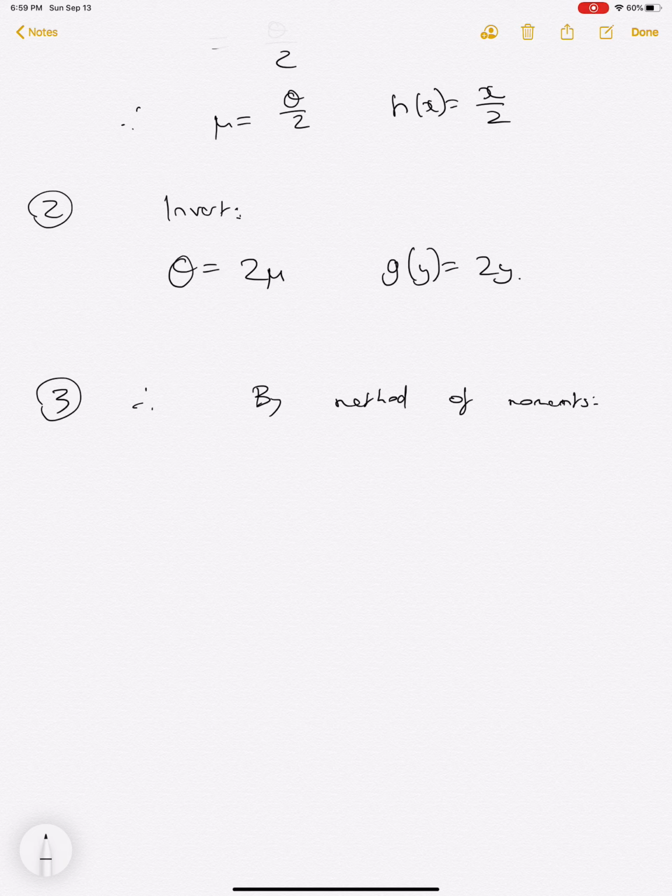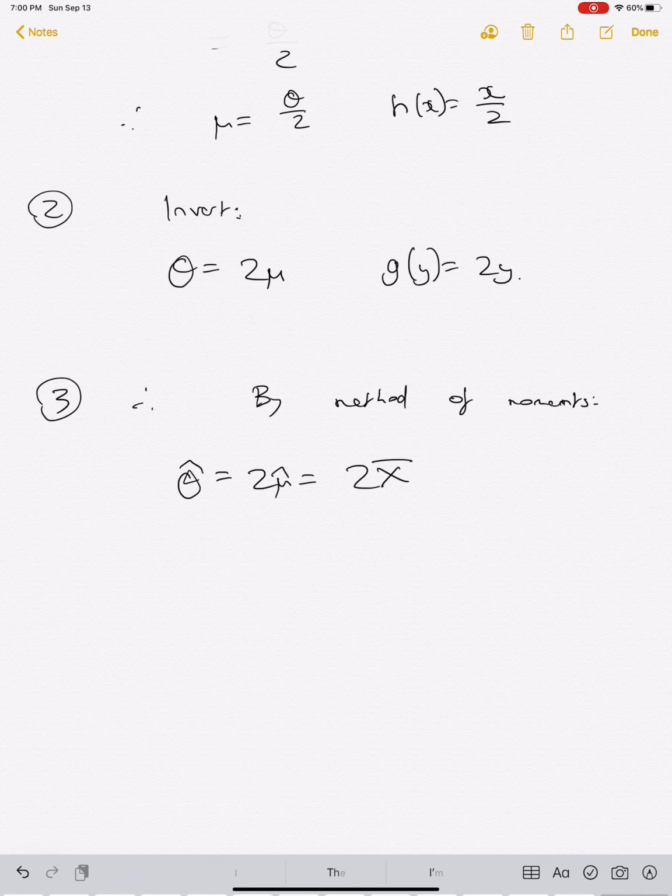You can see that the first two steps have nothing to do with the sample data. It's only to do with the population parameters and the population PMF or PDF. But then the third step is where we incorporate the data. So theta hat equals 2 mu hat, which is 2 x bar. So this is how we'd estimate it.